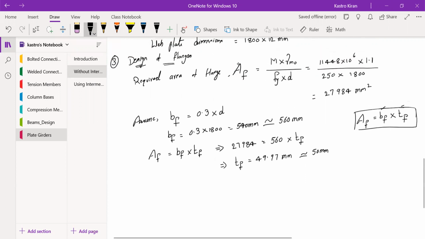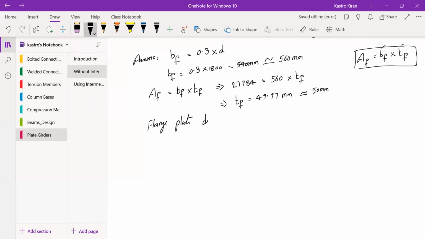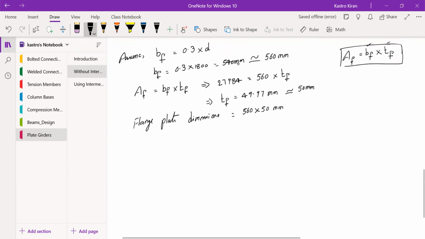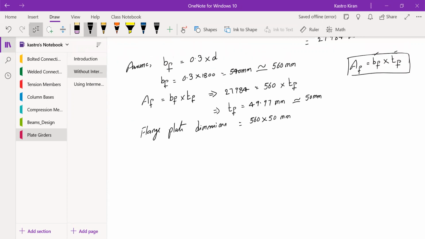Okay. So therefore, the flange plate dimensions: the width of the flange is 560 and the thickness of the flange is 50. So this is the flange plate dimensions. Now by using these two parameters, you need to draw the I section. Let us draw the I section.